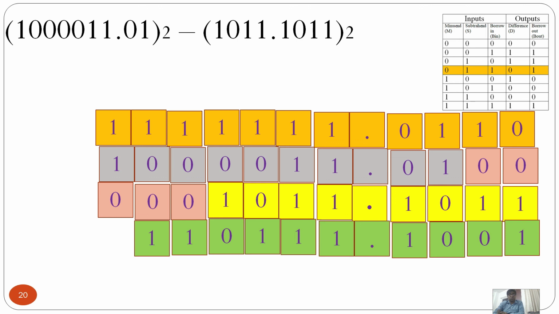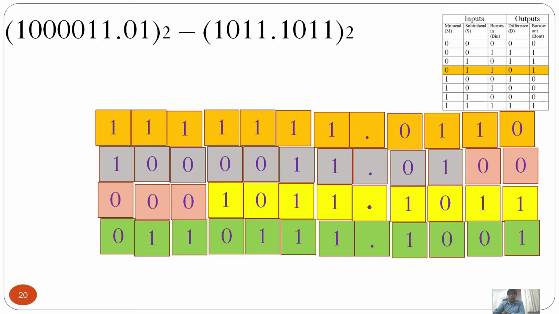So 1 minus 0 is 1, borrow is 0, and 1 minus 1 equals 0. So this is the answer.